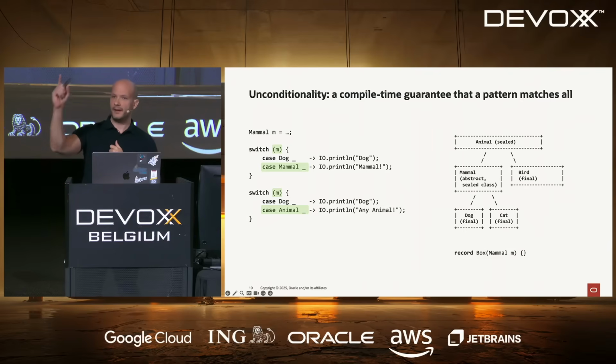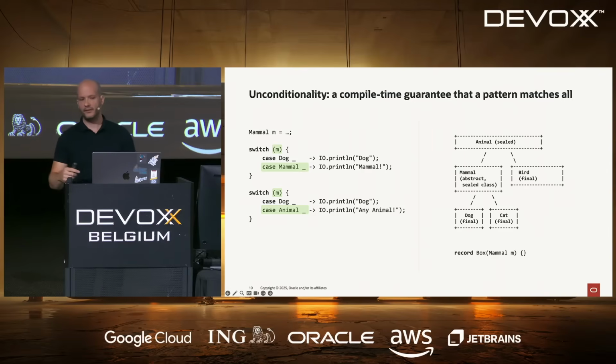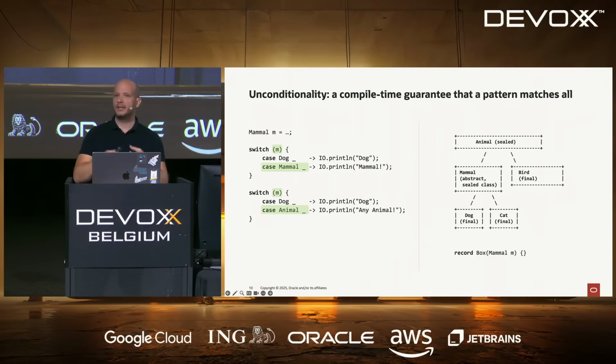Similarly, it didn't fail in the assignment, in the very first example. So we're already gaining the intuition here that the widening reference conversion is always safe. In the pattern matching world, the pattern is unconditional for that selector.